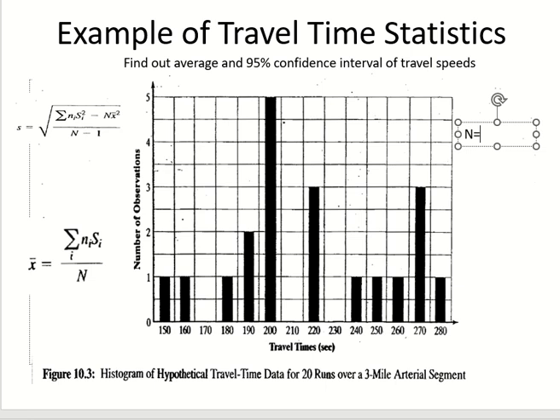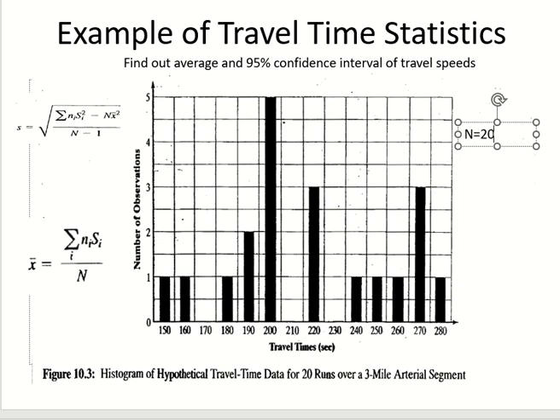Don't count, add. So this is one value because it's 1 plus 1 plus 1 plus 2, and then plus 5 and so on. Clear? So N is 20 here.